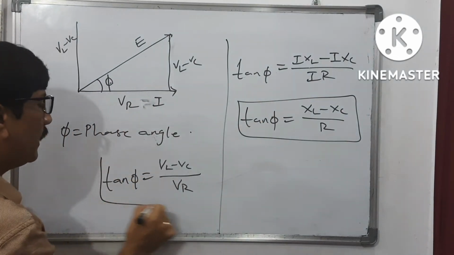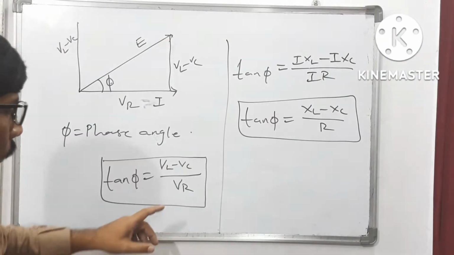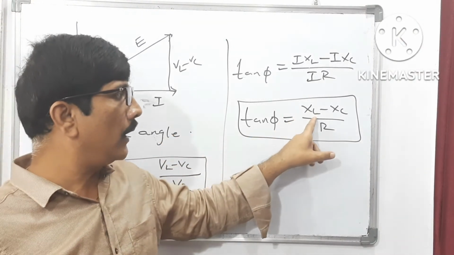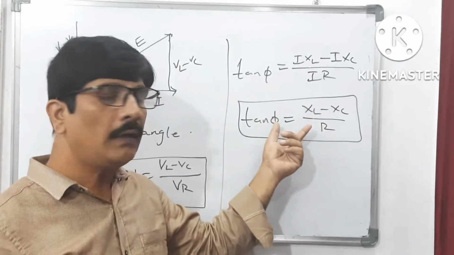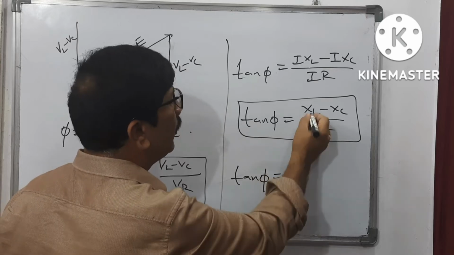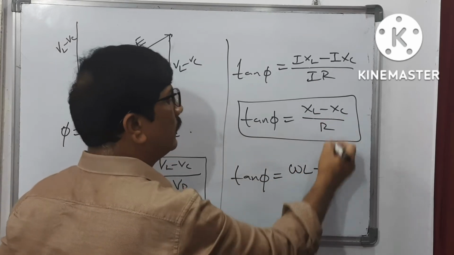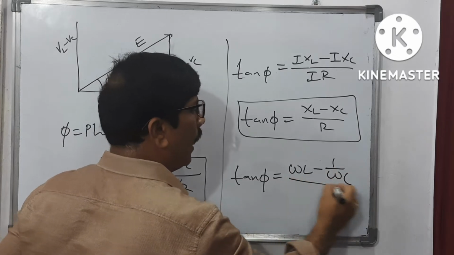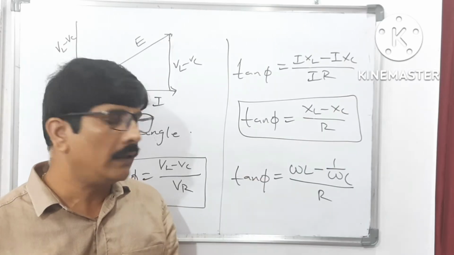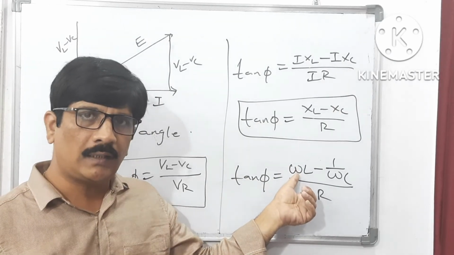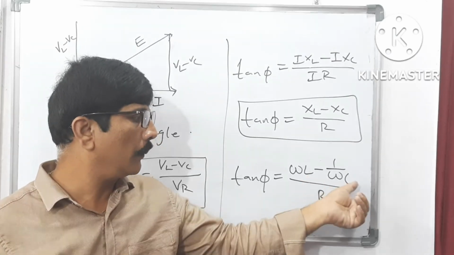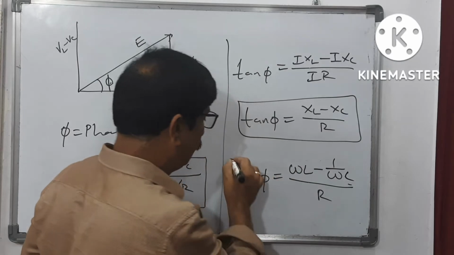When you are doing numericals, if the voltages are given, use this formula to find the phase angle. If the inductive reactance, capacitive reactance and resistance are given, use this formula. This can also be written in another form: sometimes they will give XL is omega L, XC is 1 by omega C, and R. If the reactances are not given directly, but they give the angular frequency of the AC source, the self-inductance of the inductor and the capacitance of the capacitor, use this formula.